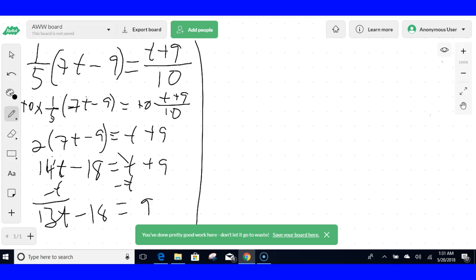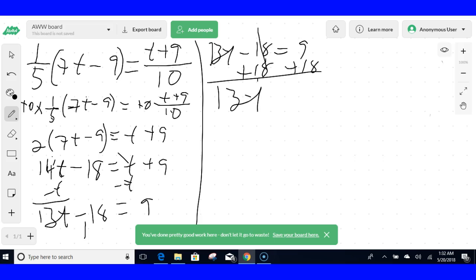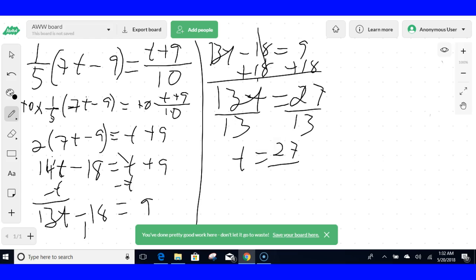So I can add 13 to both sides, and 13 is gone, and we get negative 18 and positive 18 on both sides. So that leaves us with 13t is equal to 9 plus 18, that's 27, and divide both sides by 13, and you get t equal to 27/13.